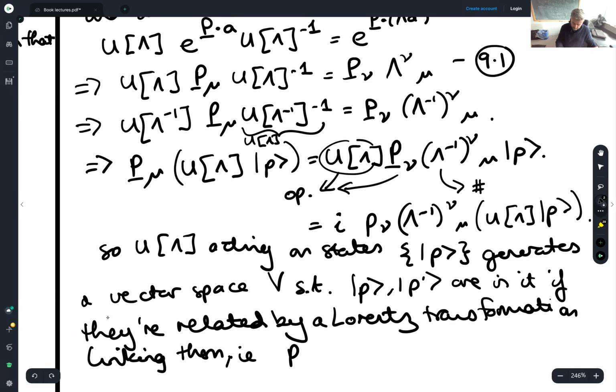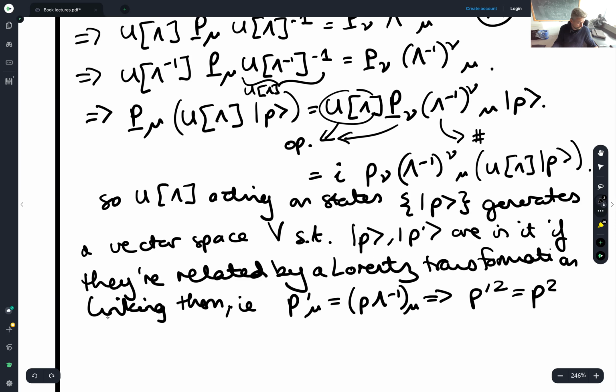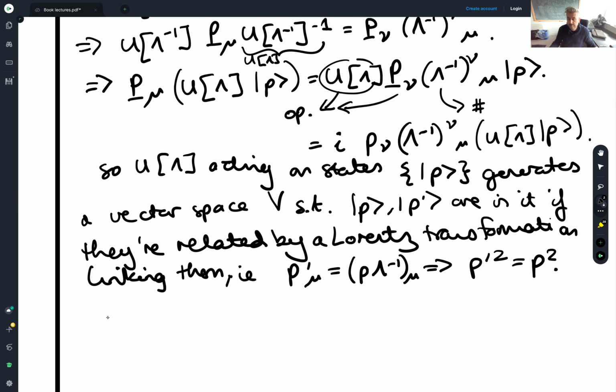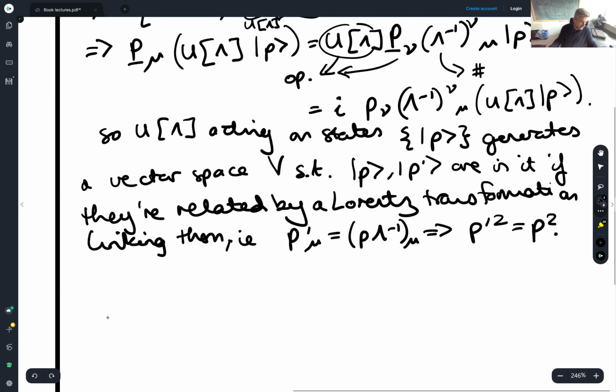In other words, p prime mu is equal to p lambda to the -1 of mu. So what this means is that their four-momentum squared is identical. So the vector space consists of all states with the same four-momentum squared, but otherwise connected by Lorentz transformation. And conversely, for any two states satisfying this, there is a Lorentz transformation linking them.